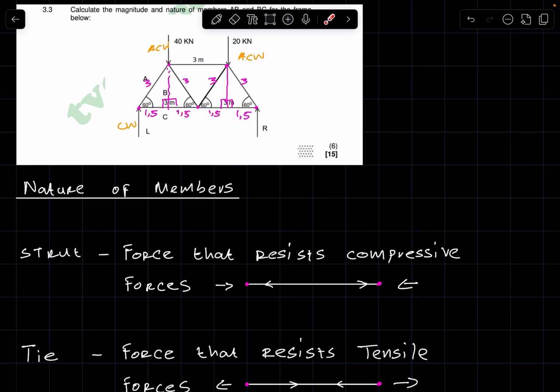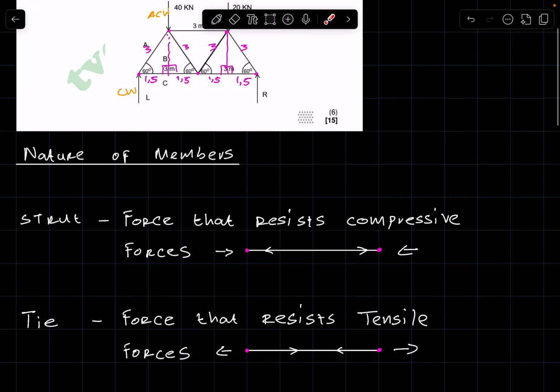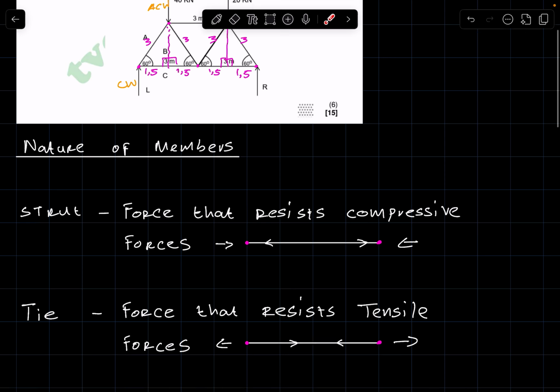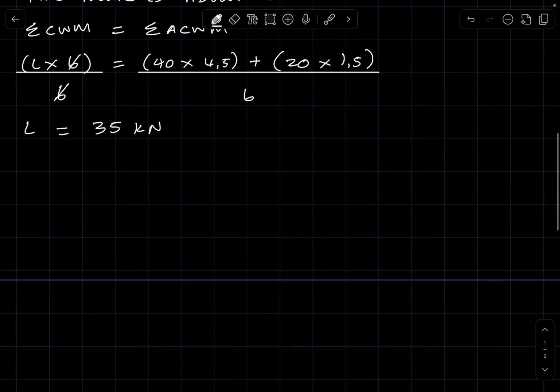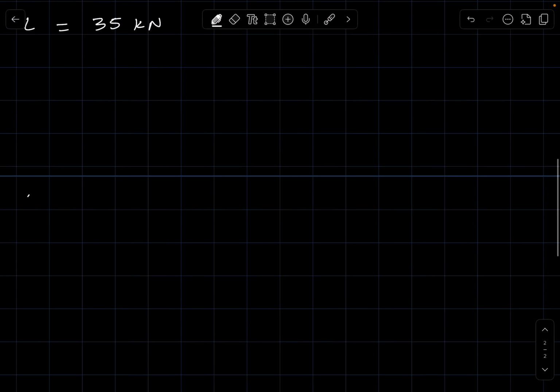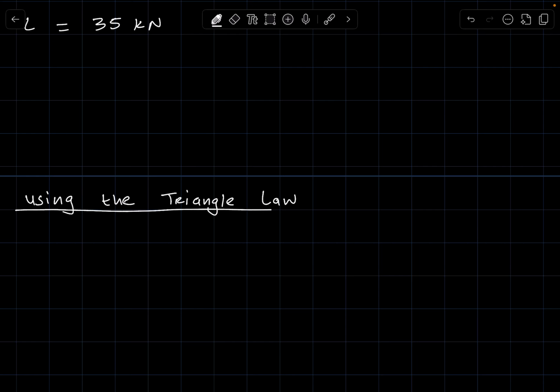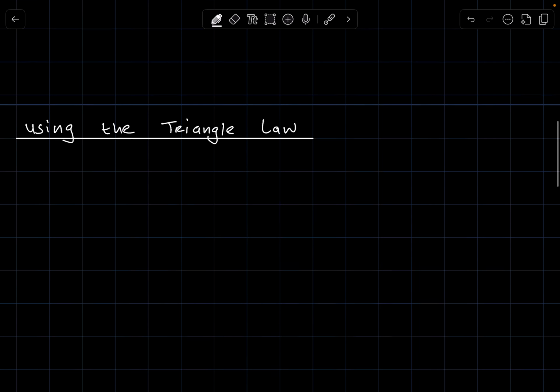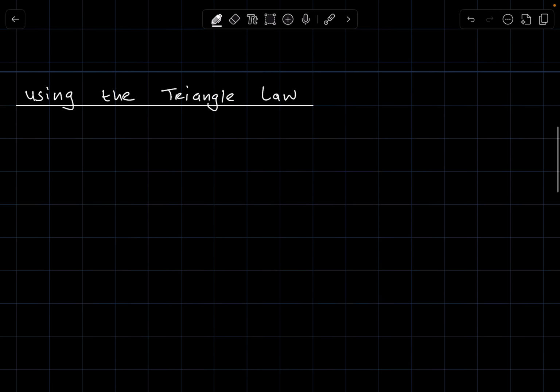Now, how are we going to apply the triangle law here? We know one of the forces is heading upward. We know this force is heading upward.